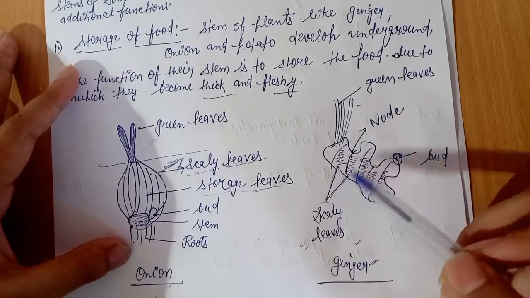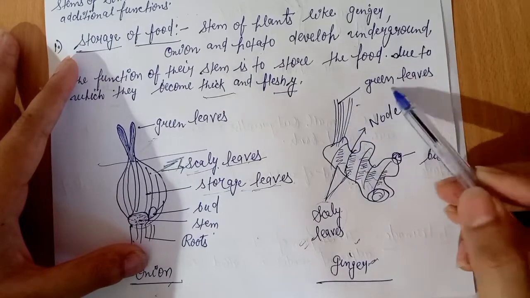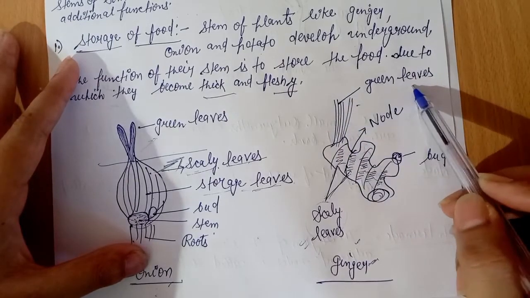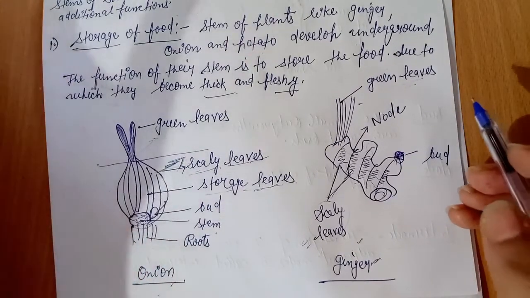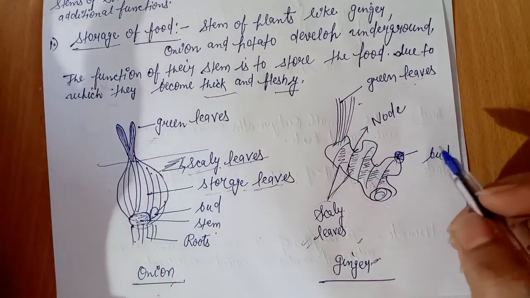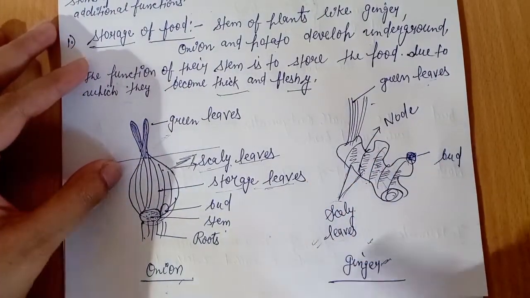Green leaves are attached to the stem, and here the bud is attached. So we can see all the parts of a plant in both the onion plant and the ginger plant.